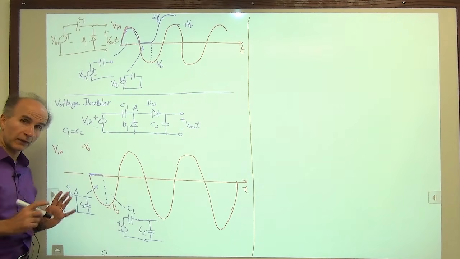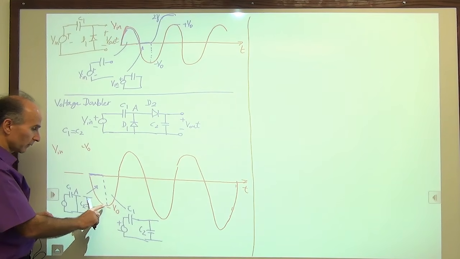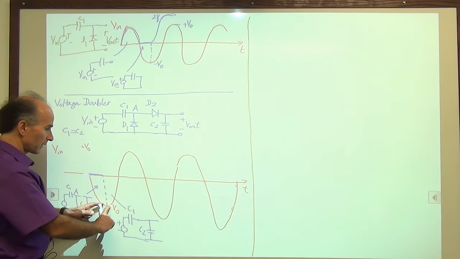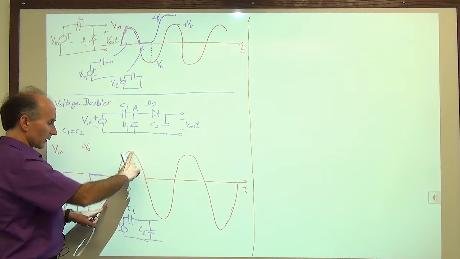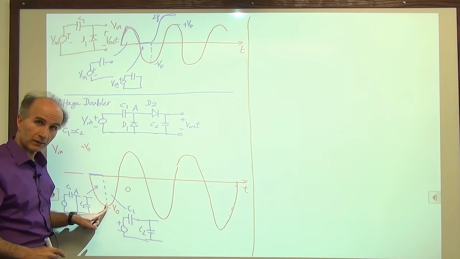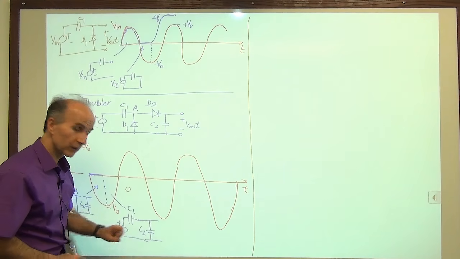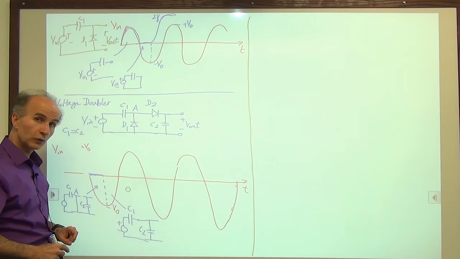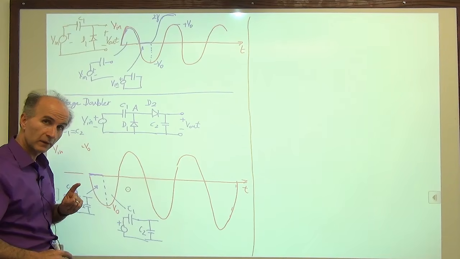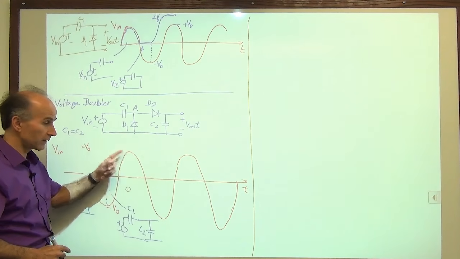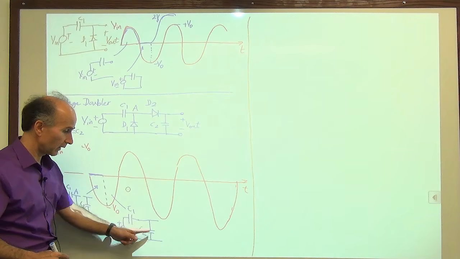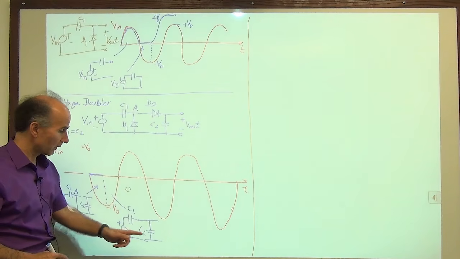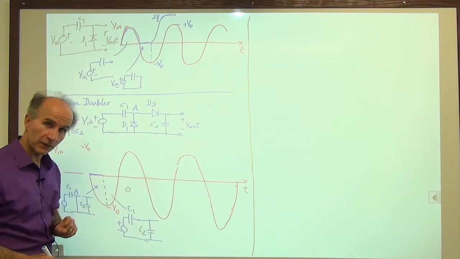Okay, so now let's get everything under control. The input voltage goes from minus V0 to plus V0 in this configuration, right? Therefore, the output goes from 0 to 1 V0. If the input changes by 2 V0, and this is an attenuator by a factor of 2, then the output has to change by 1 V0.